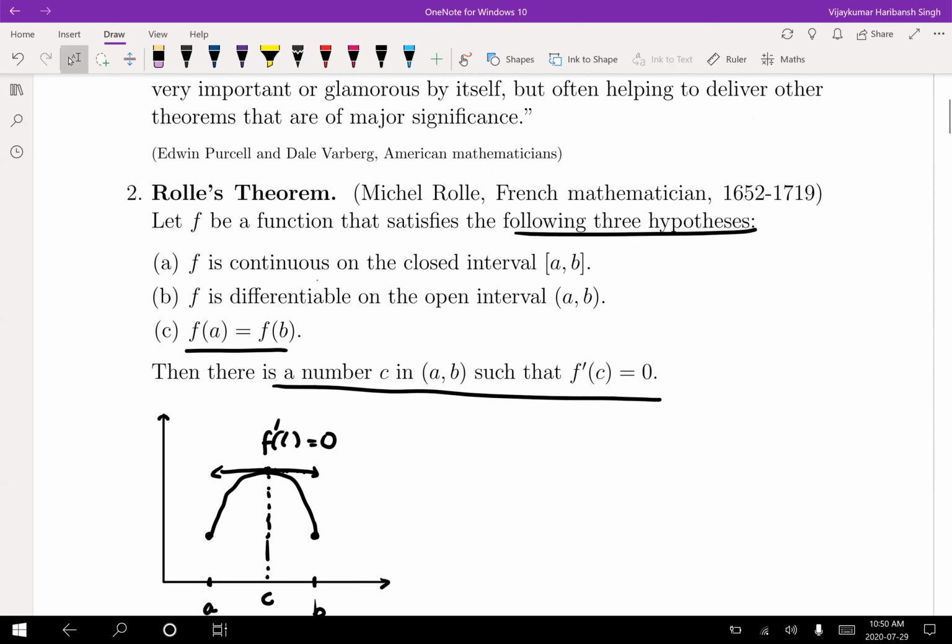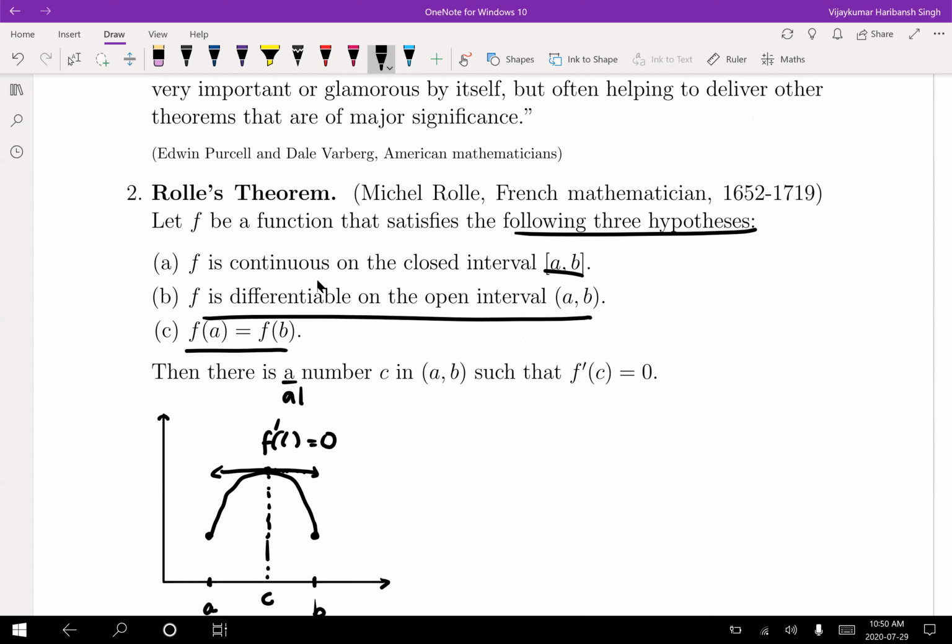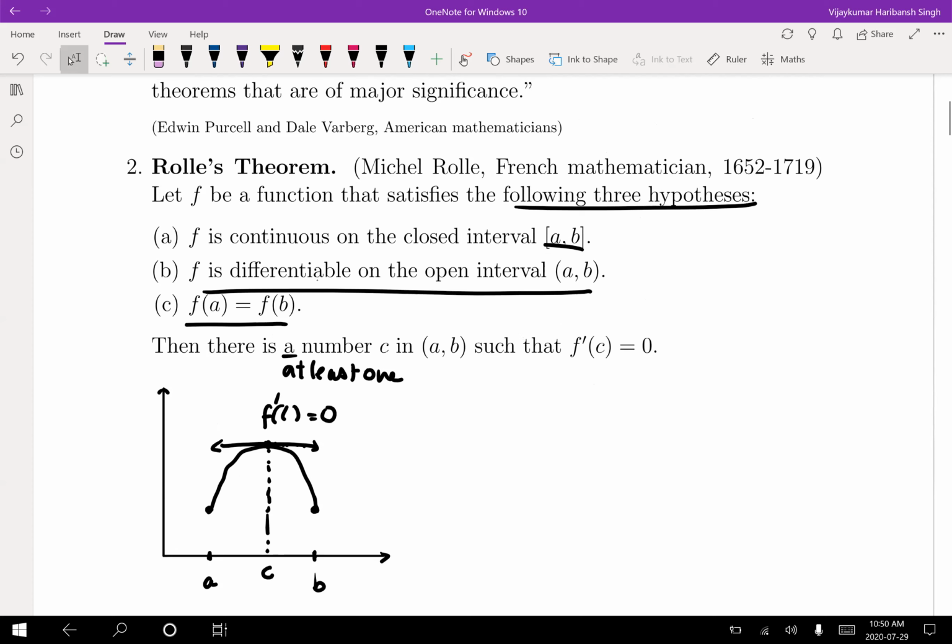Let's go through it again. f is a continuous function on the closed interval [a, b], f is differentiable, f(a) equals f(b). Then the consequence is that there's a number, meaning at least one, there could be more, c in (a, b) such that f prime of c equals 0.